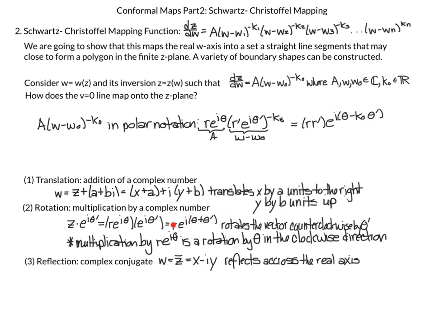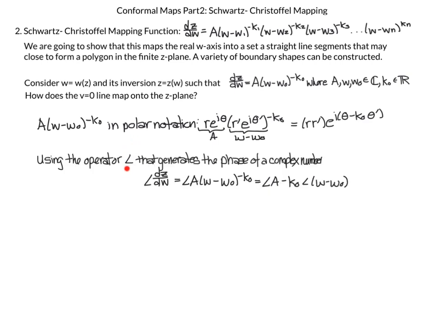This part here is the radius of your vector, and this is about your angle. So it rotates the vector counterclockwise by theta prime. And that's exactly what's happening here. Our original vector A is getting rotated by k naught theta prime in the clockwise direction. The negative indicates the negative orientation.